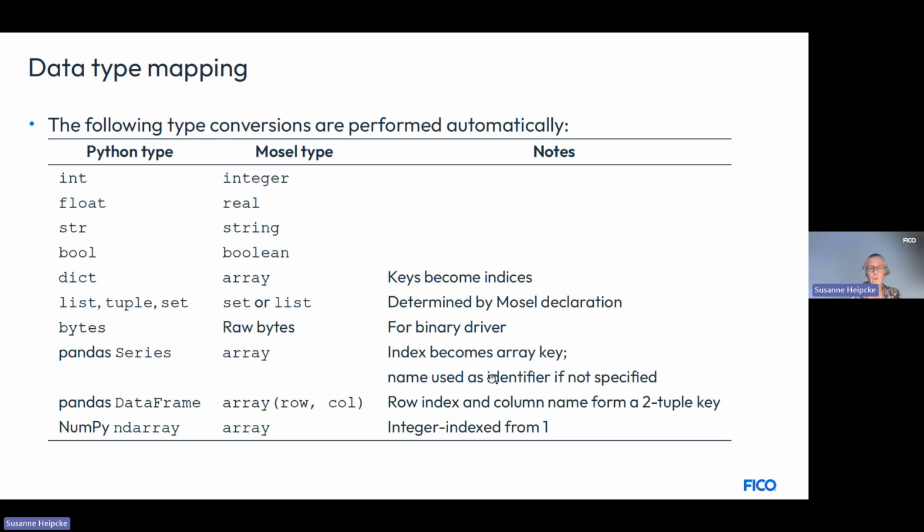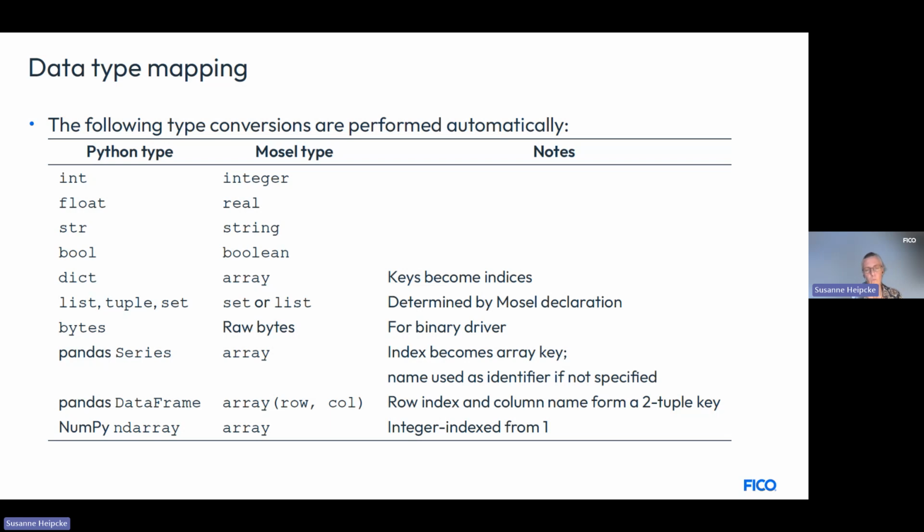Pandas Series match to arrays, but in a slightly different way. The index becomes the array key, and the name is used as an identifier if it is not specified. Then we have the DataFrame. That is really a two-dimensional table and is represented as a Mosel array. The first index is integers, row counters.